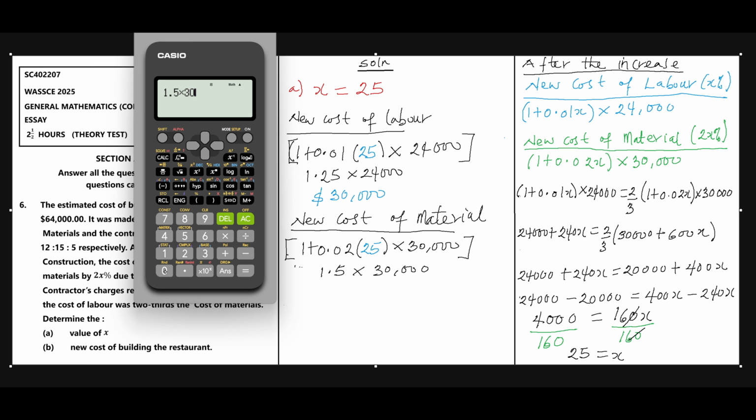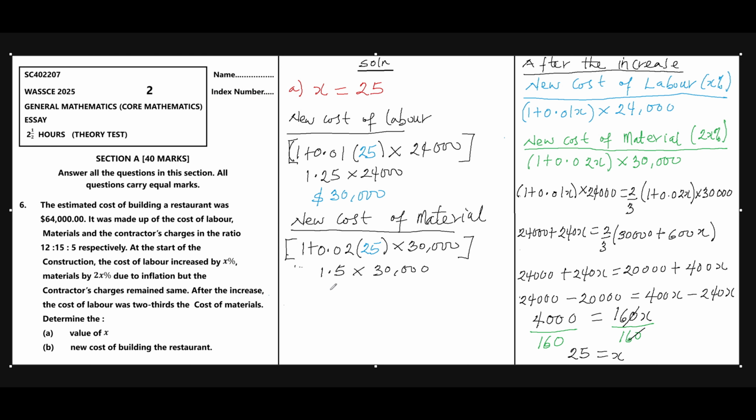That is $45,000. So we have the new cost of material as $45,000.